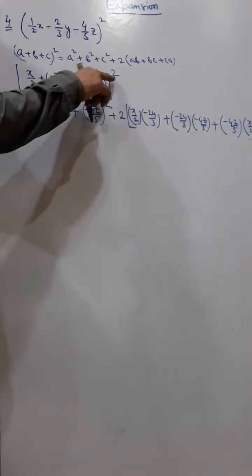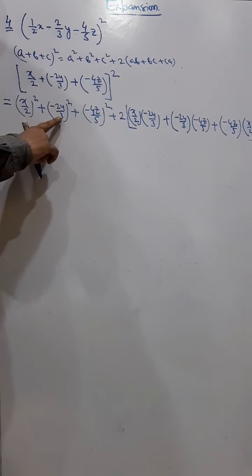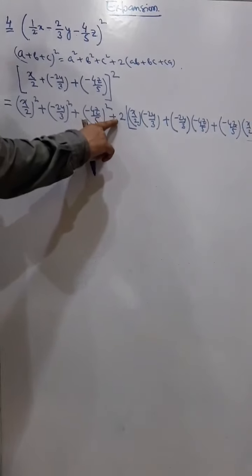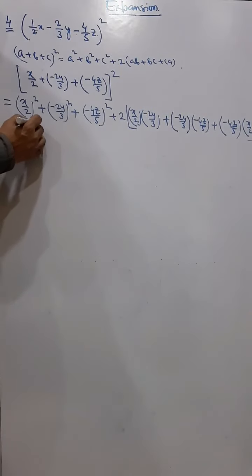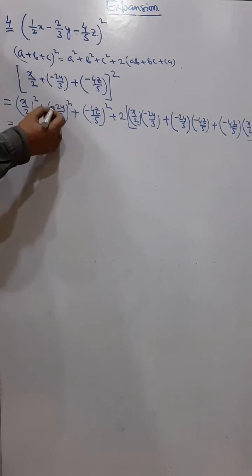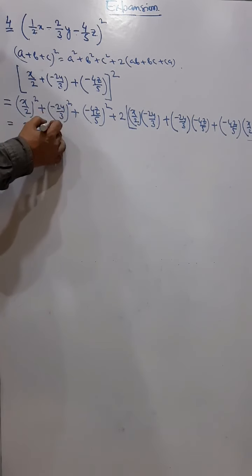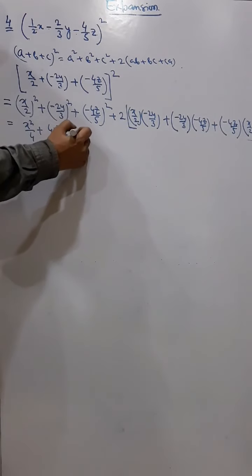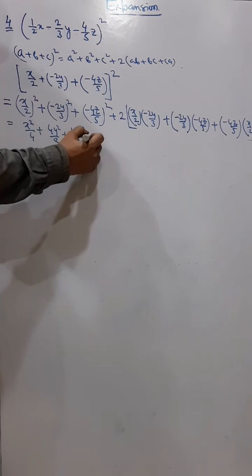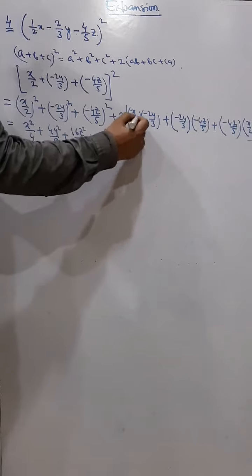So understand? So we got (a plus b plus c) whole square, that is a square plus b square plus c square plus 2 (ab plus bc plus ca), and then we'll just simplify this. So what we got, x square by 4, this minus square means plus, so it becomes 4y square by 9. This also becomes 16z square by 25. Okay, and then 2, first we'll multiply all this.